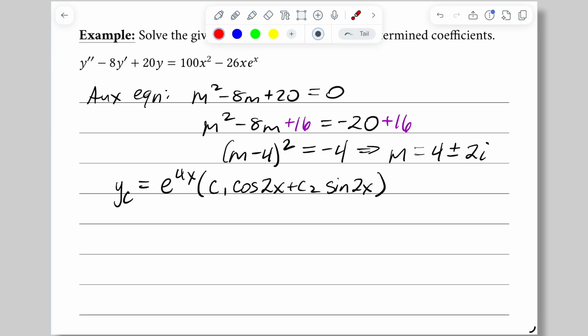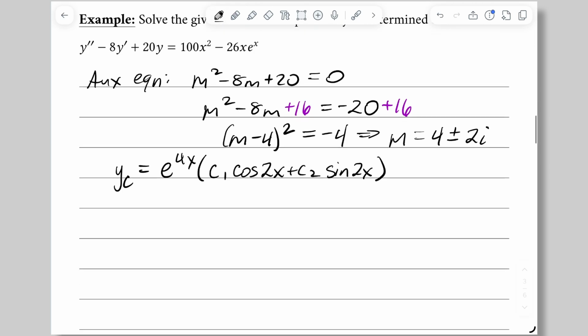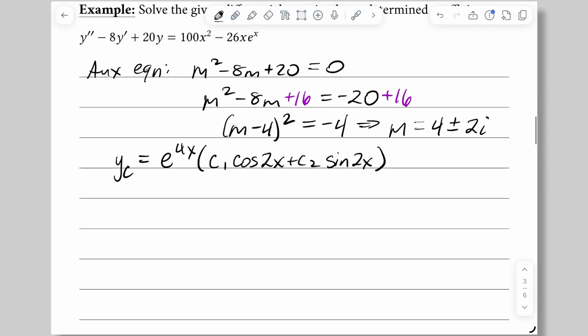We see that this is a second-degree polynomial for the 100x squared, and negative 26x e to the x is the product of a linear and an exponential function. None of those is the product of an exponential and a cosine function, so there's no duplication of terms here. There's no what I would call redundancy here. If there was, we'd have to find out how to deal with that, but what this means is we can proceed using the technique we used before.